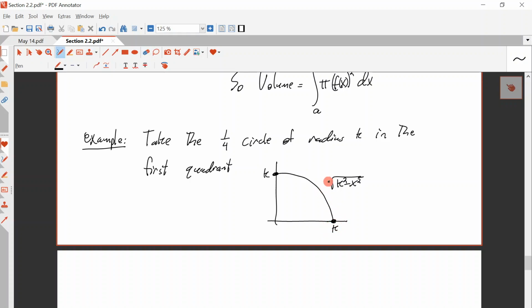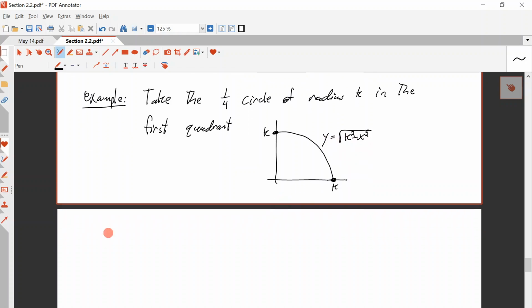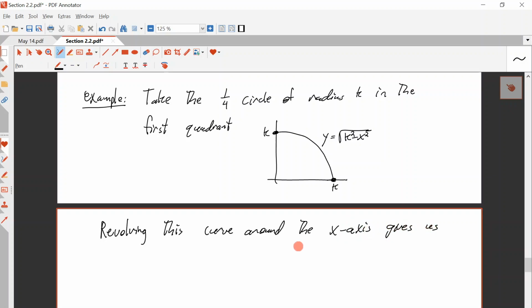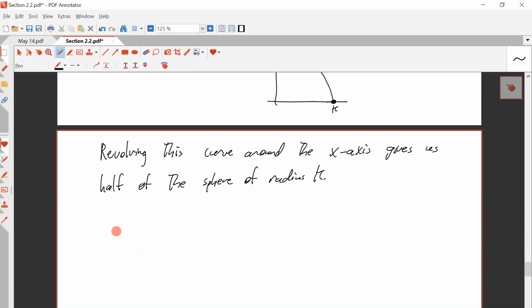Or maybe not really, but if we revolve this around the x-axis, it gives us half of the sphere of radius k.